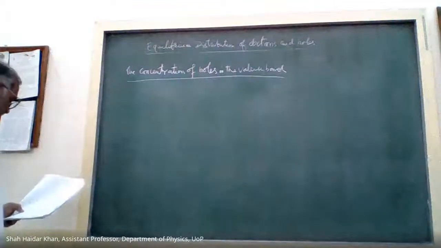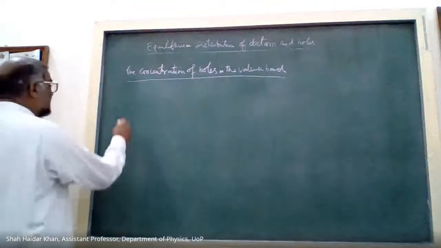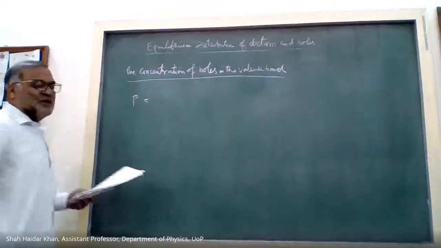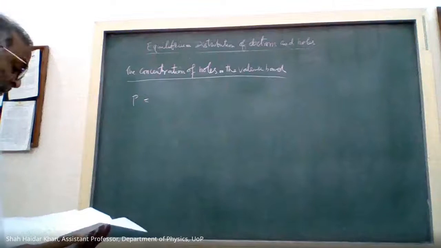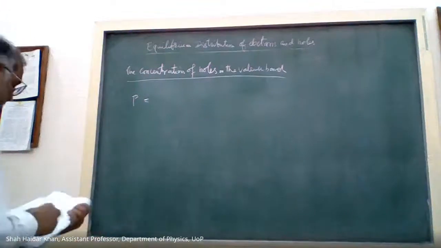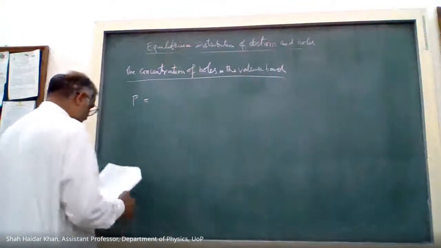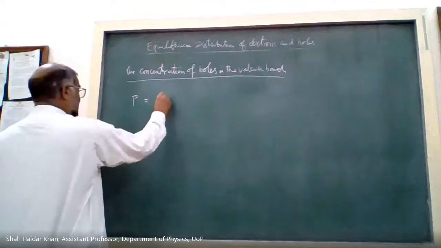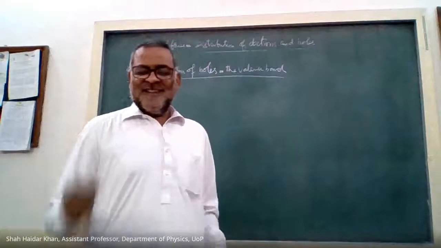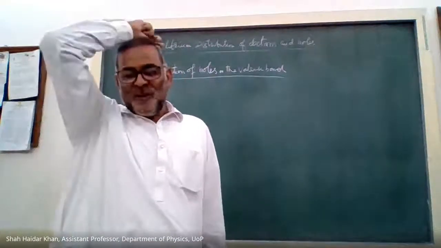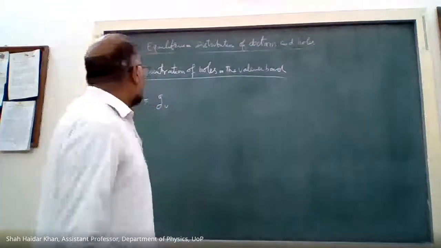So for that, we will write the distribution of holes in the valence band. We can write them as G of V, the density of states in the valence band, right?